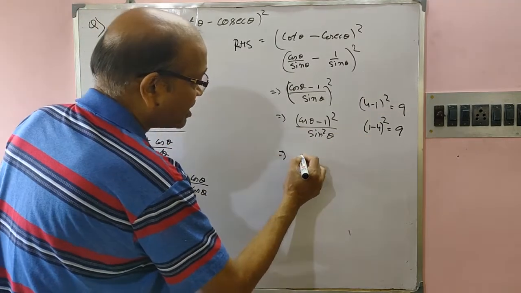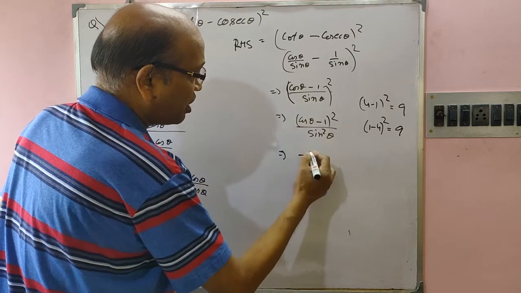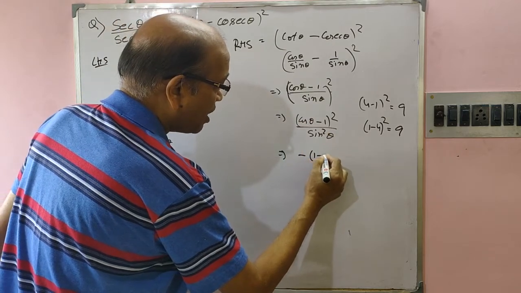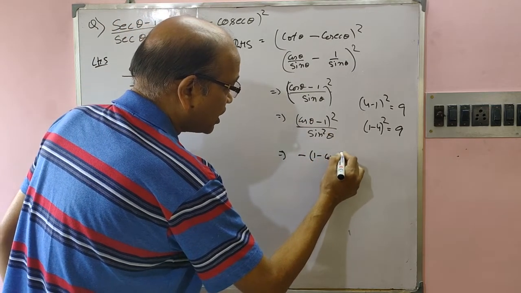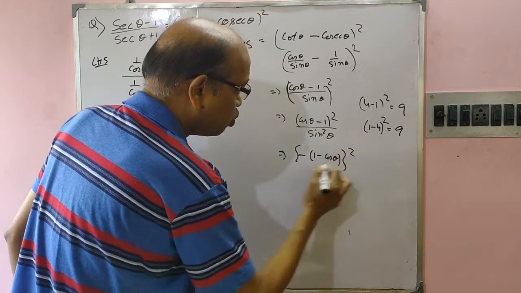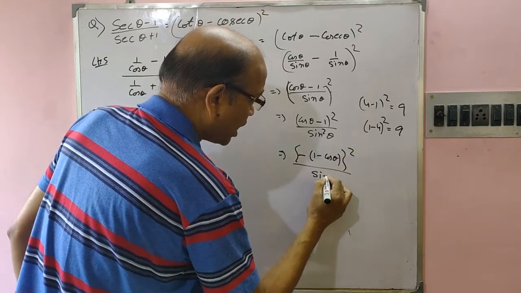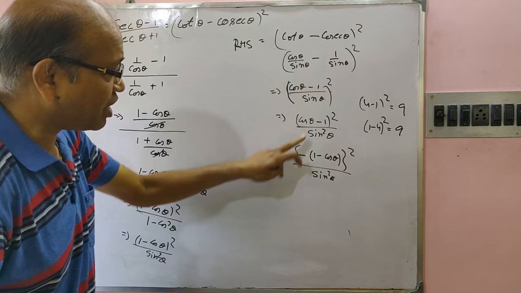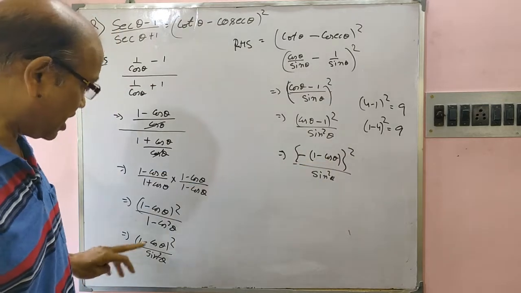Or we can write this as, suppose I take the minus sign common here, I get (1 minus cos theta) whole square by sine square theta. Can I take the minus sign common here and I get 1 minus cos theta?